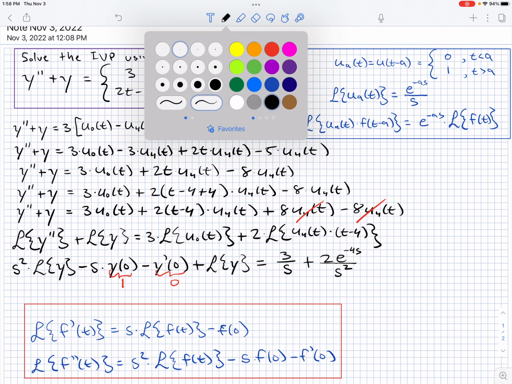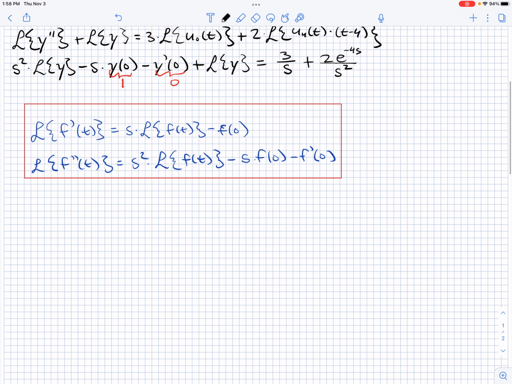Alright. Going down, and I'm going to rearrange things just to try to save some space here. S squared Laplace of y plus the Laplace of y minus s, and then 0, which I won't write, being equal to 3 over s plus 2 e to the negative 4s over s squared.